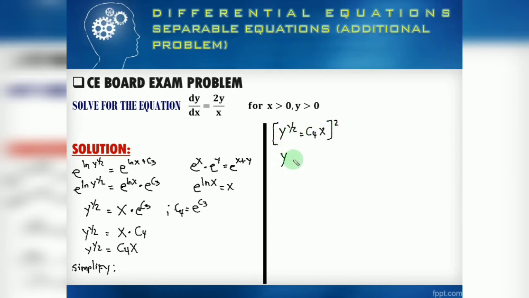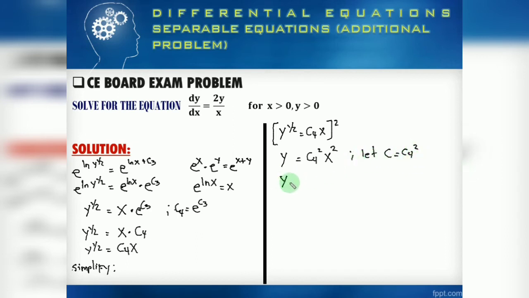So we just write here y, and this would be equal to c4 squared times x squared, because this exponent is distributed to this c4 and this x. Okay, so after that one, since we are on this final equation, we will assign this c equal to c4 squared.